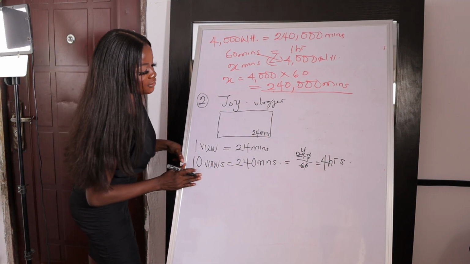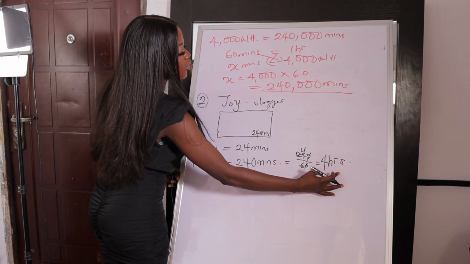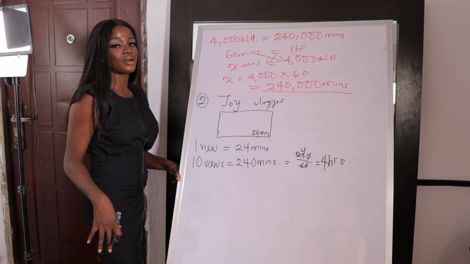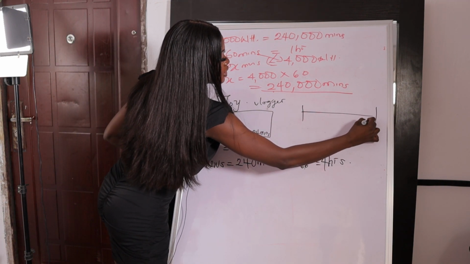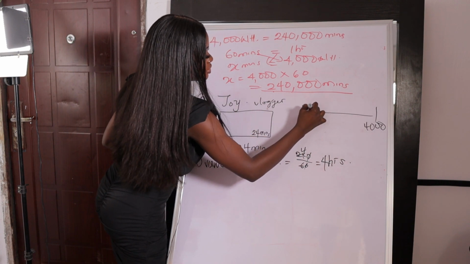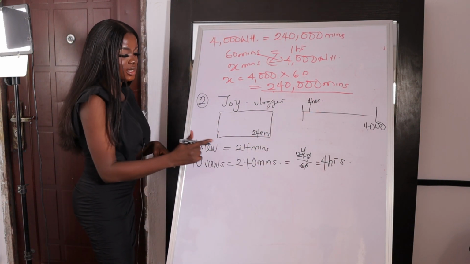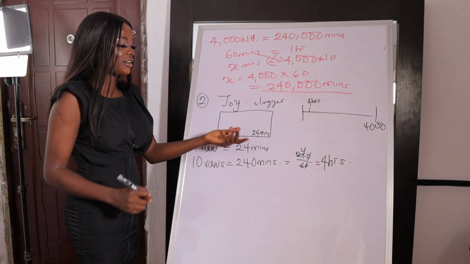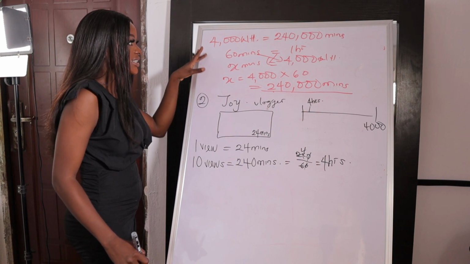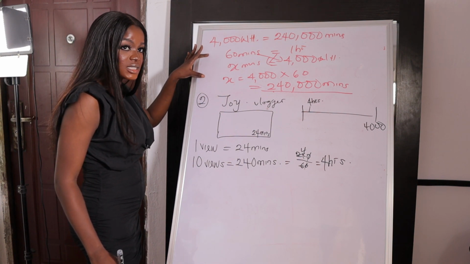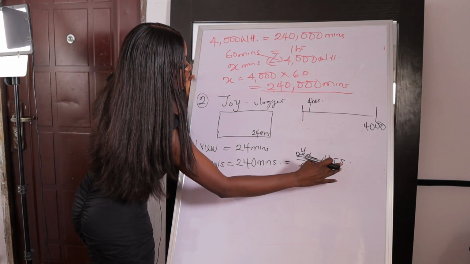So for every 10 views that Joy has on that video, she achieves 4 hours of watch time. Do you get what I'm saying? That is quite good because our video is longer. Joy's video is longer than Ade's 6-minute video, times 4 of Ade's video. So Joy generates 4 hours.